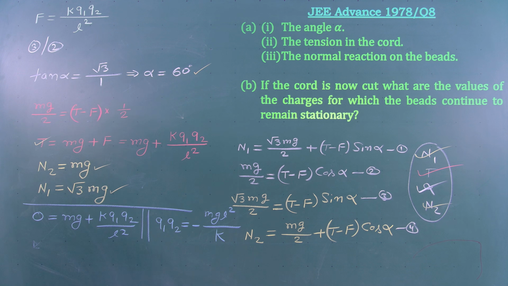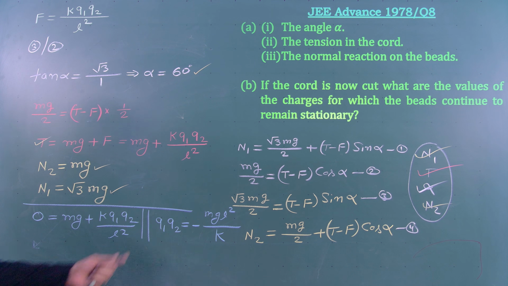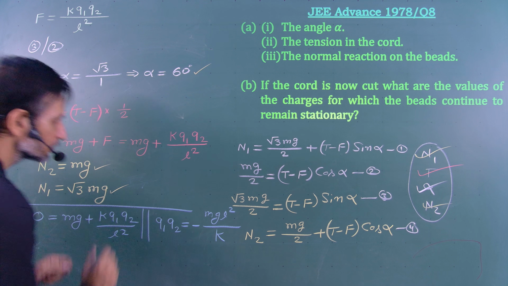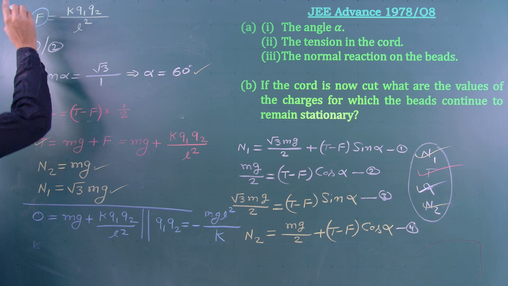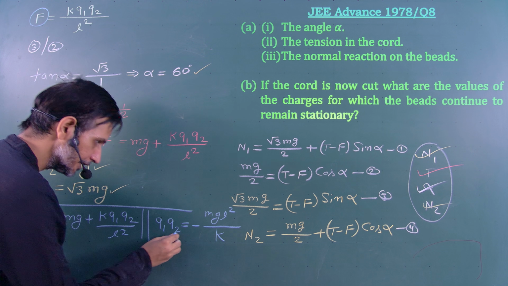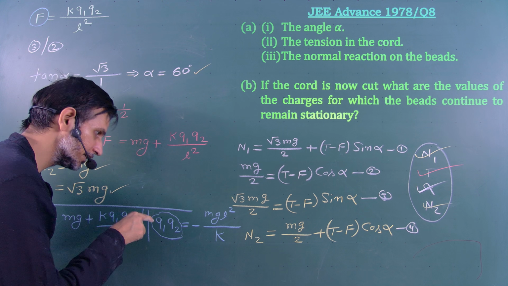This is the product of two charges. We cannot calculate the values of Q1 and Q2 individually. To calculate Q1 and Q2 individually, we need an equation which is different from their product. But all our equations contain only F, and F has Q1 and Q2. So we cannot calculate the individual values of Q1 and Q2, but we have found the condition.